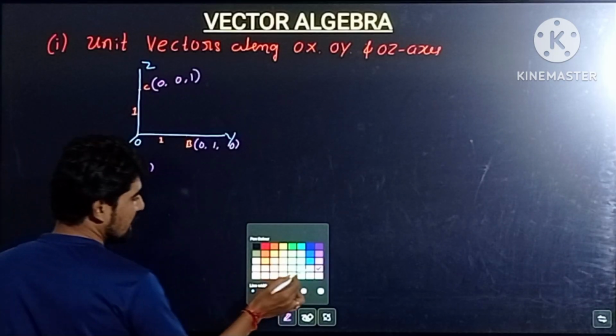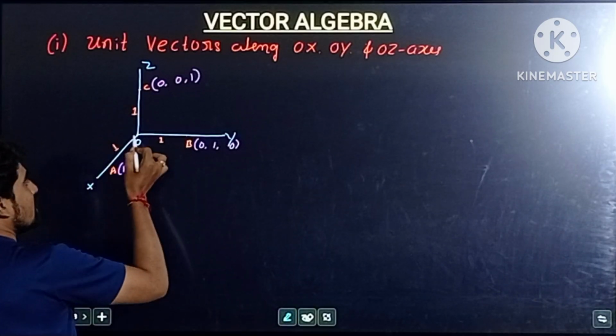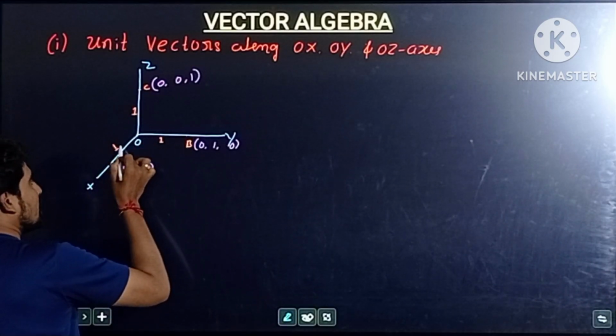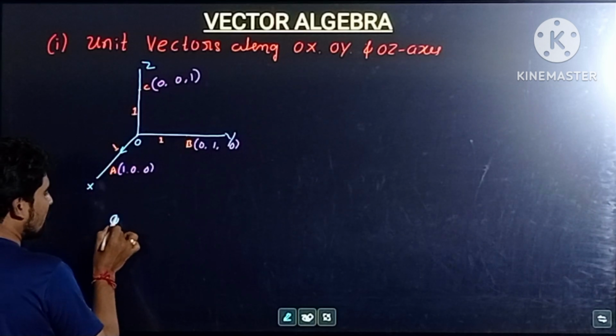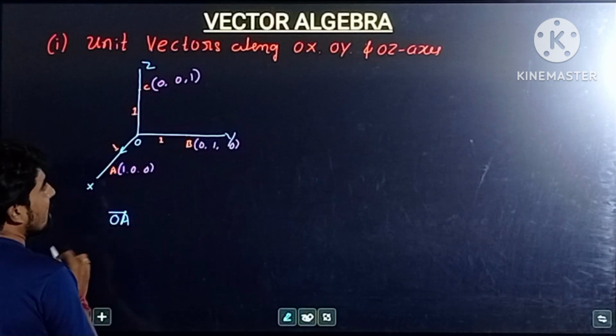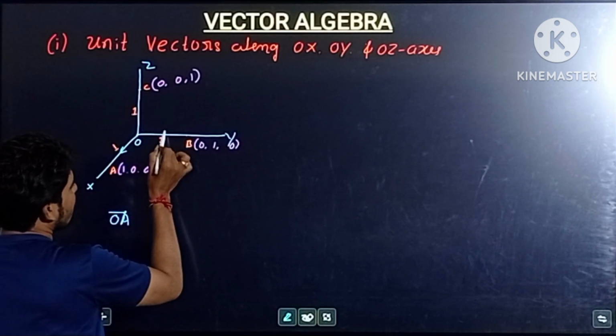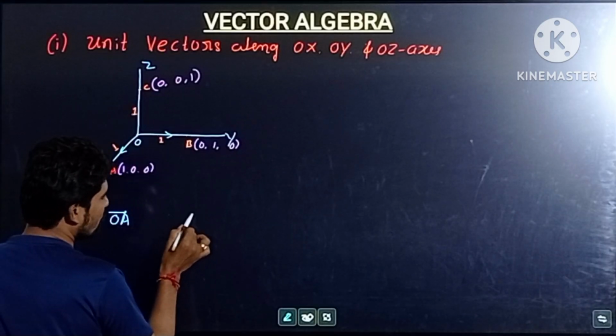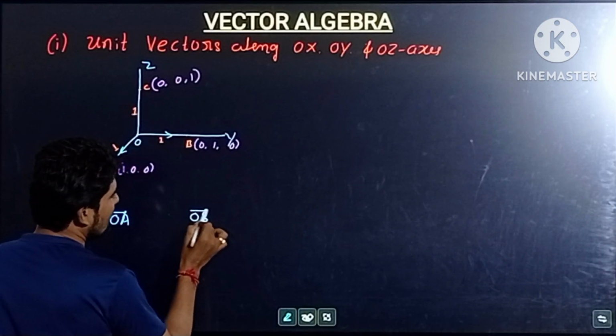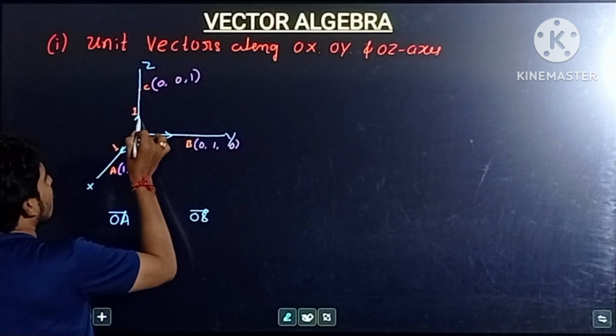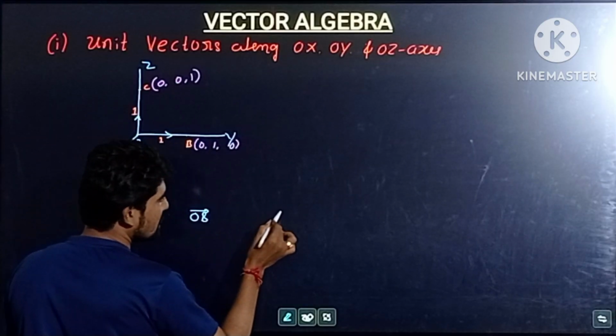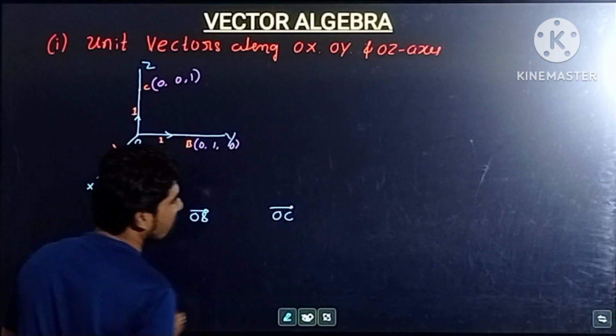See here, if I insert a direction from origin to the point A, it becomes the OA vector. If I insert a direction from O to B, it becomes the OB vector, and from O to C, it becomes the OC vector.